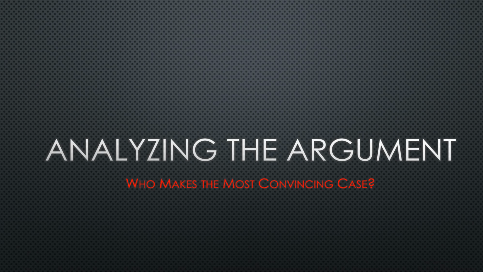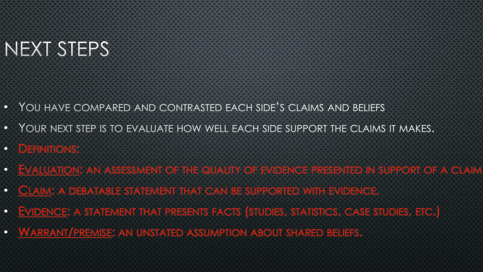So here we have, again, once you list out the comparison, the similarities and the differences, this is the harder task for this essay section, which is which side is more convincing. So at this point, when you're ready for this particular part of the essay section, you have compared and contrasted each side's claim and benefits.